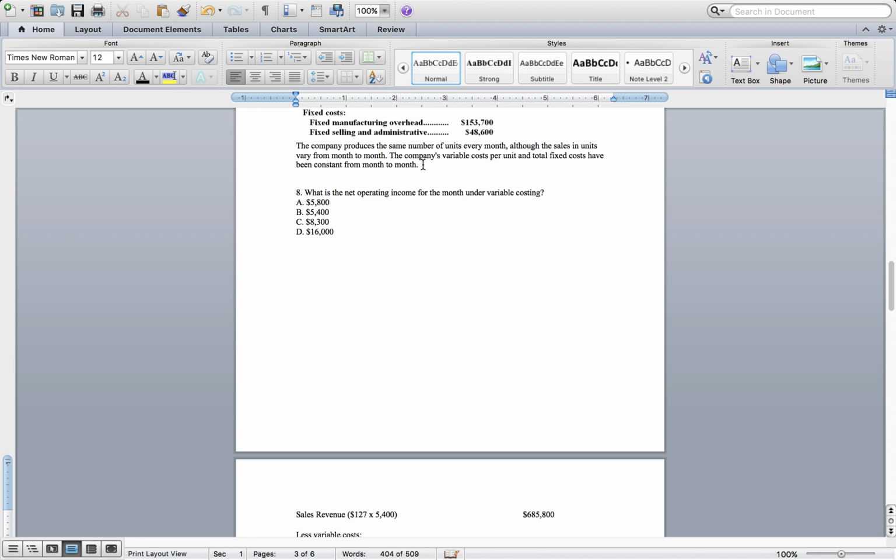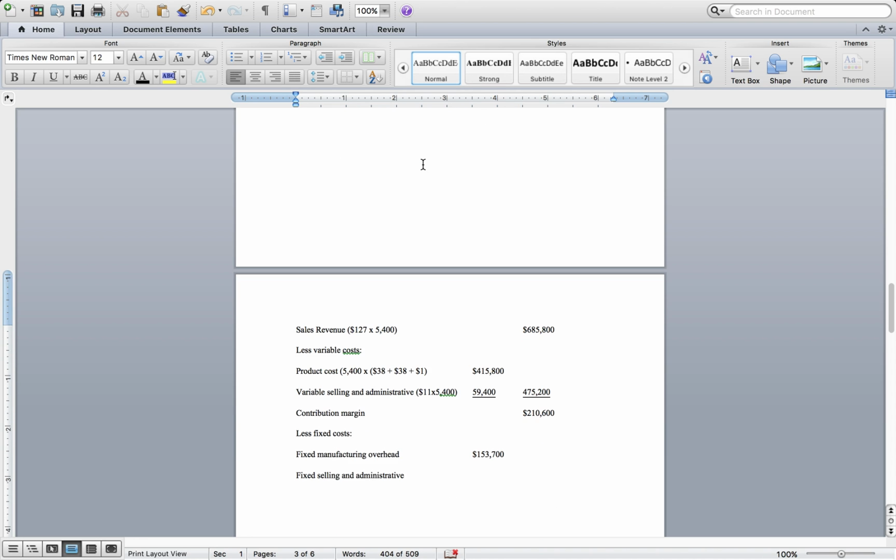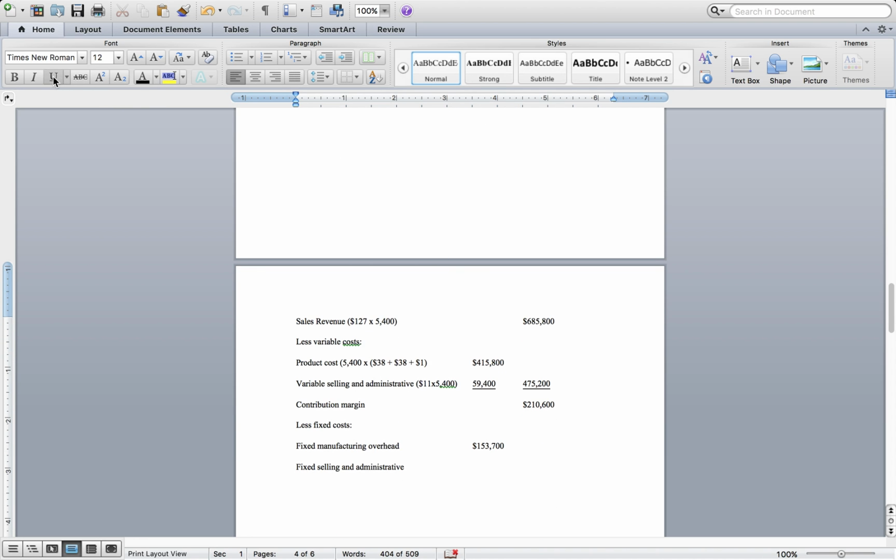That's going to be 48,600. And again, as we did with the variable expenses, you want to add them up. When you add them up, that'll be 202,300.